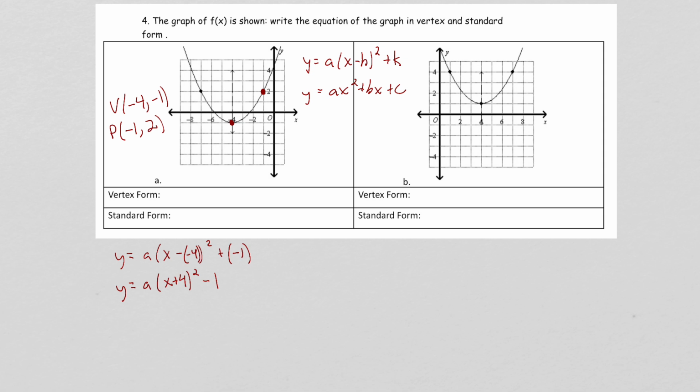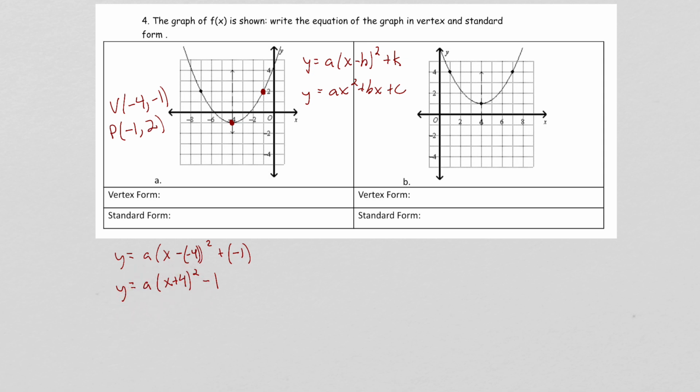So from here, I've got all of the pieces of vertex form except the a value. I need to figure out this right here. Now, that's what I'm going to use this point to figure out, because notice, it gives me an x and a y. The 2 is the y, it's going to go in right there. The -1 is the x, it's going to go in right there. And if I plug those two values in, I've got all numbers here, and I can solve for a.